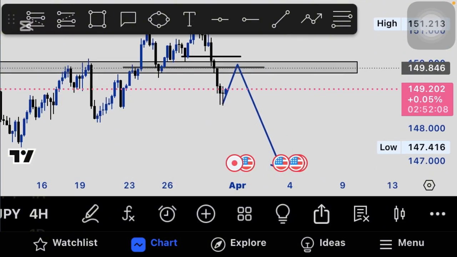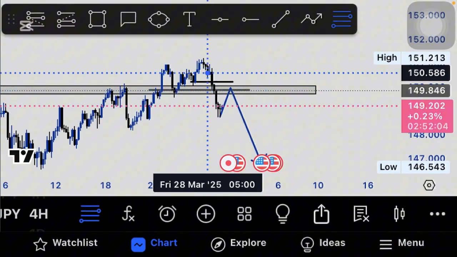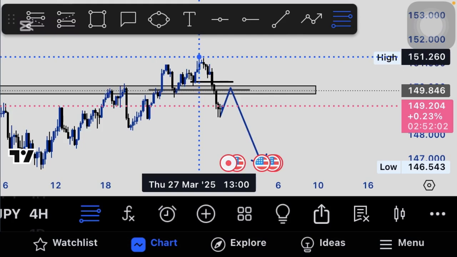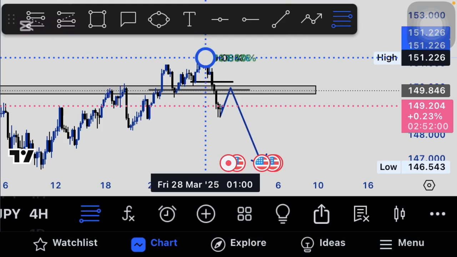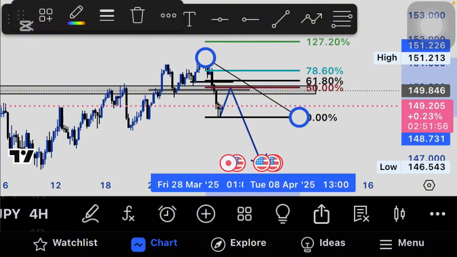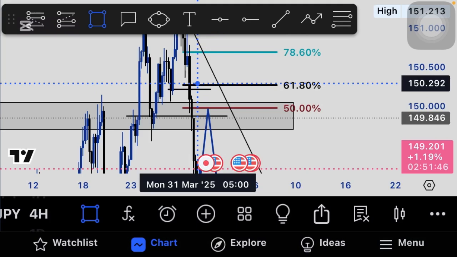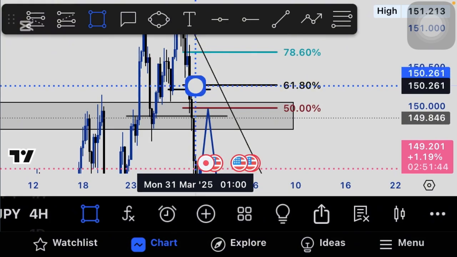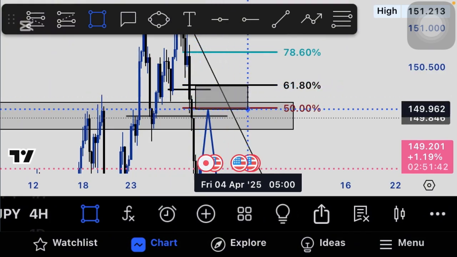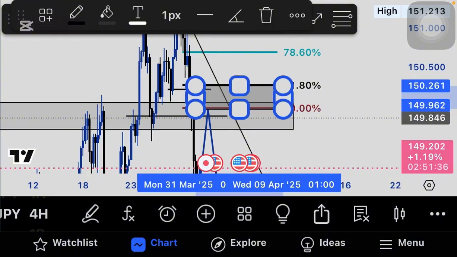And I'll use my fib retracement level also. Since we are going on a sell on the 4-hour, this is the 4-hour, I would drag from the top because you are going on a sell to the bottom here, and I'll mark out my fib retracement levels 61 and the 50%. So this is the 61, close to the 4-hour breakout structure, and I'll draw to the 50, close to the daily TF breakout structure.